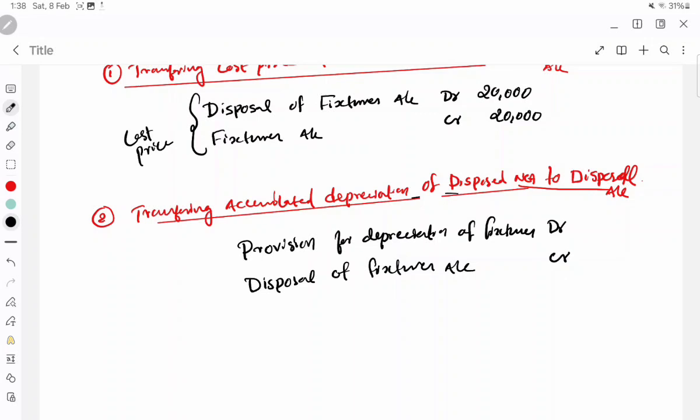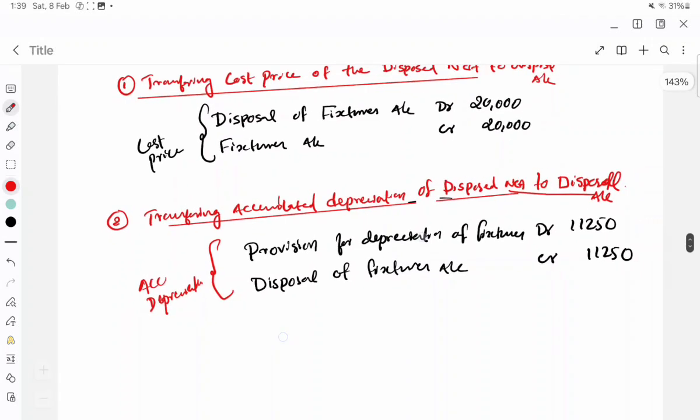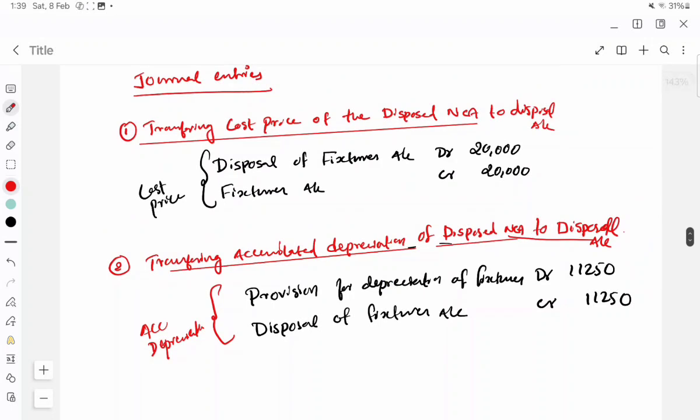The amount, as we calculated, is altogether 11,250. So this is the entry. First we will transfer these two entries. This is the accumulated depreciation, so this is the first process. Now we'll transfer these disposal entries to the relevant ledger accounts.